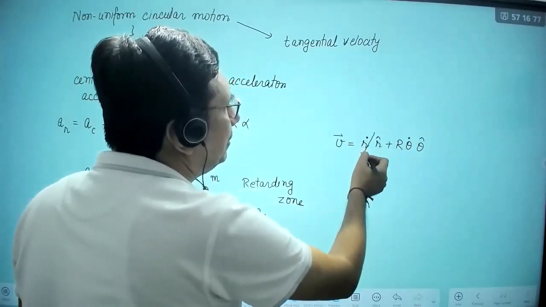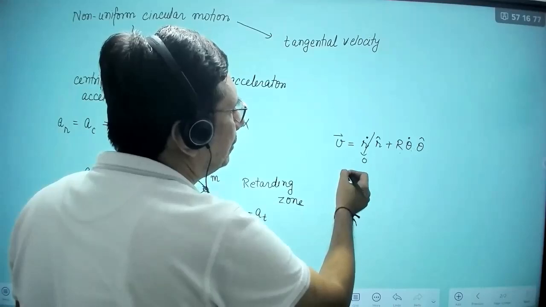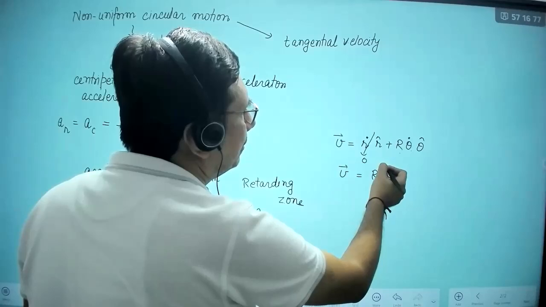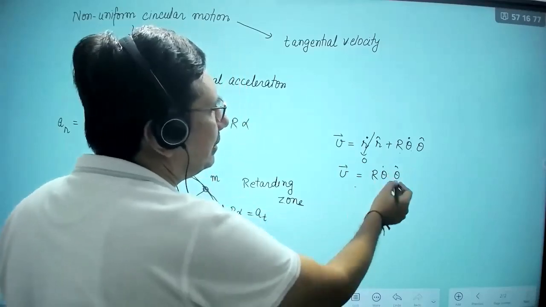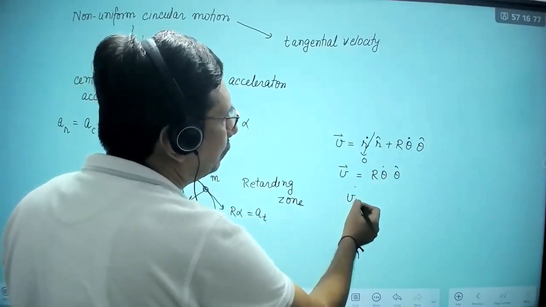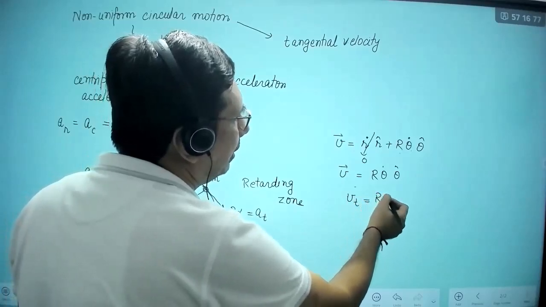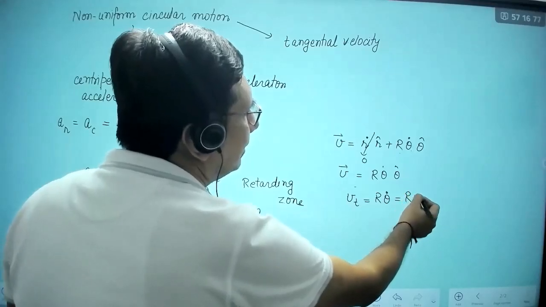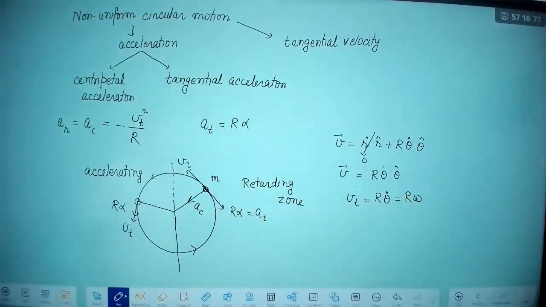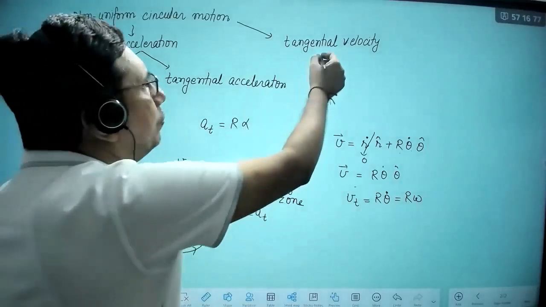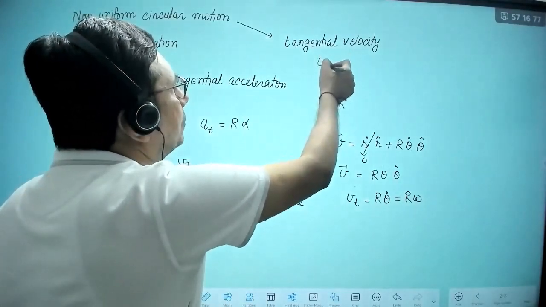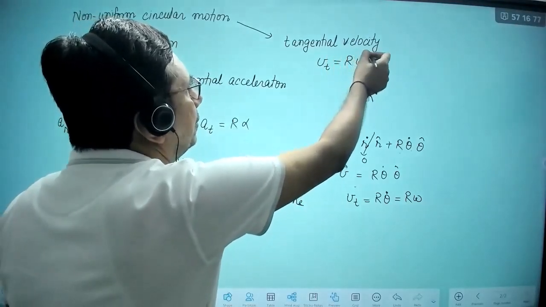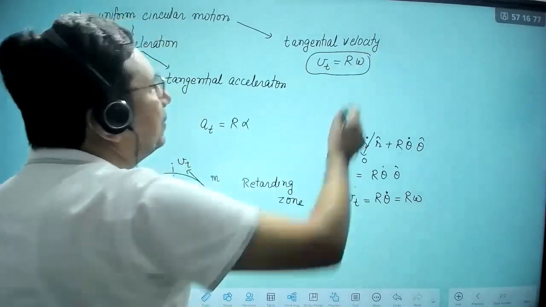So r dot will be 0 here, only r theta dot. So V is equal to r theta dot theta cap. This is the tangential component. So Vt is equal to r theta dot, or r omega. So two types of acceleration and one type of velocity, ठीक है ना? They are a must for the non-uniform circular motion. So remember this: Vt will be r omega.